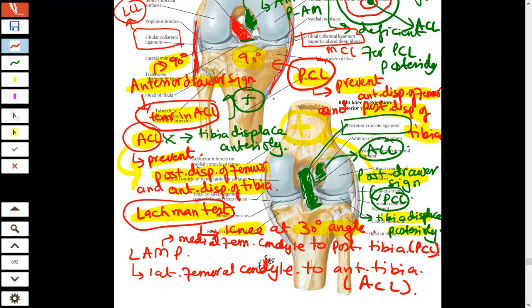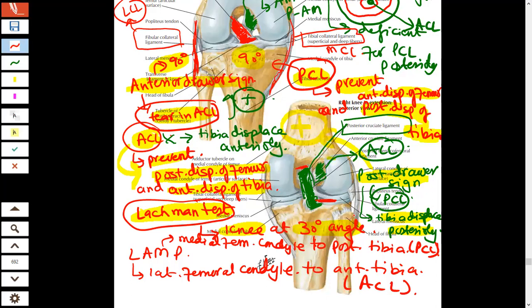Medial femoral condyle to posterior tibia, it is your PCL. Lateral femoral condyle to your anterior tibia, it is your ACL. So this is how you are going to remember all these points. Clear to everyone?